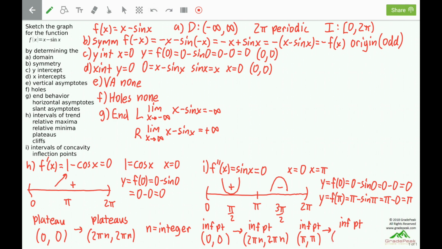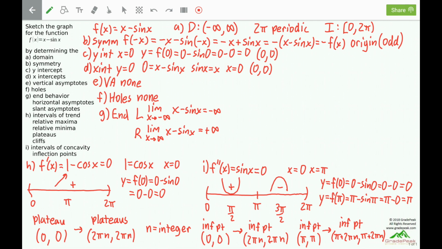So we'll have pi plus 2 pi n, comma, pi plus 2 pi n, where n is any integer. It can be a positive integer, a negative integer, or a 0. n equals 0 will give the inflection point pi, comma, pi.